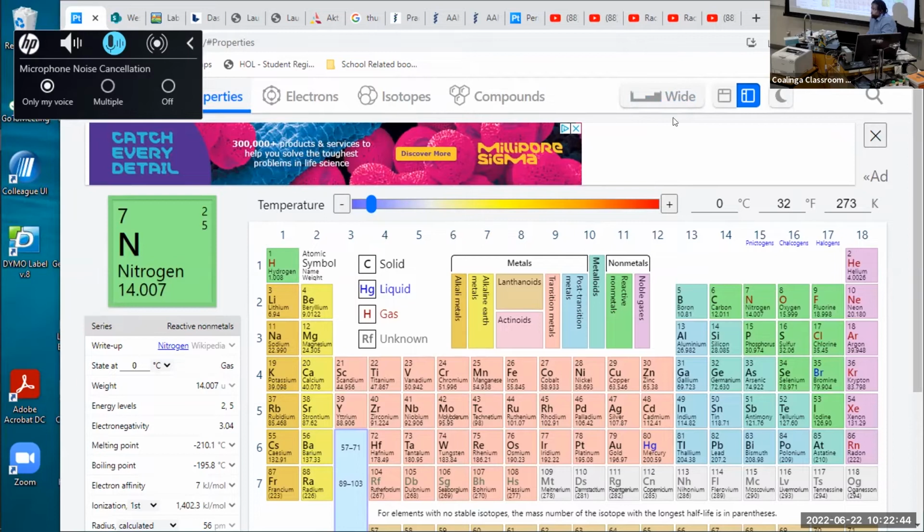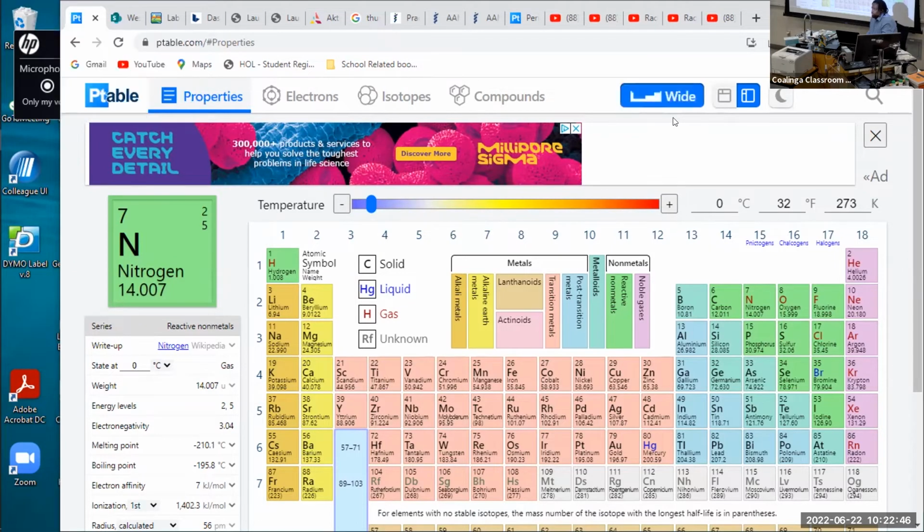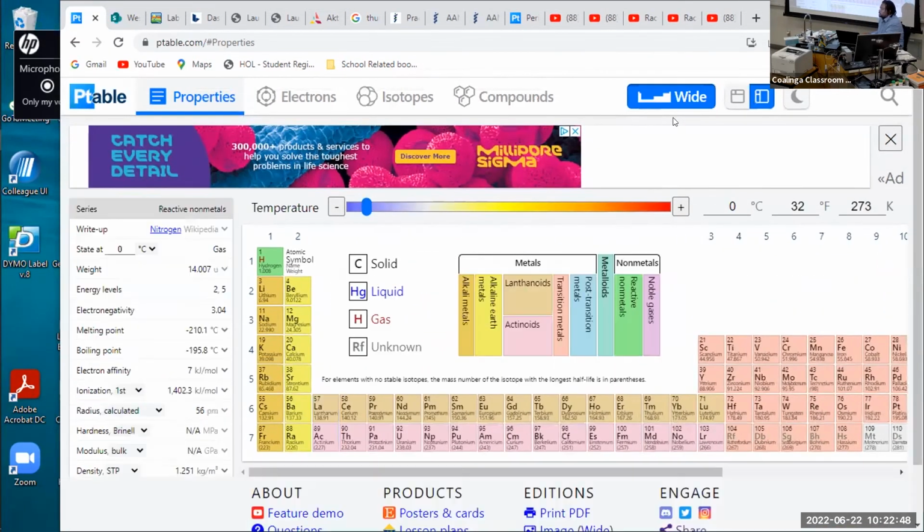It's going to be more important when we get to chapter 11. This is what the periodic table really looks like. The reason why we shorten it is to make it easier for us to get it on a single piece of paper, compared to this. If you guys take a look, the lanthanoids, these guys, and the actinoids, all of these guys are between groups 1 and group 3. They really belong in this area. Okay. So this is what the periodic table really looks like.